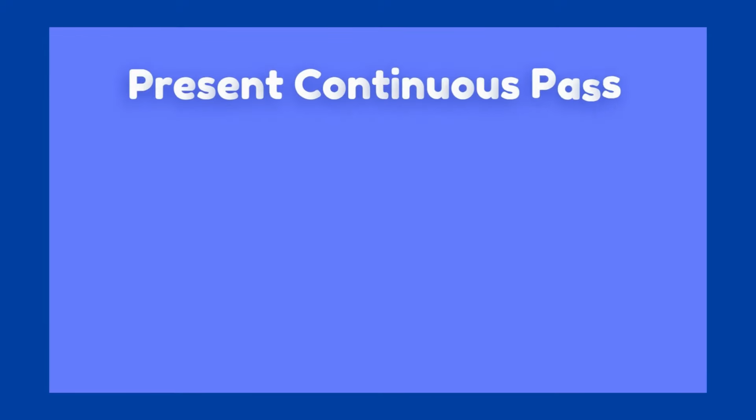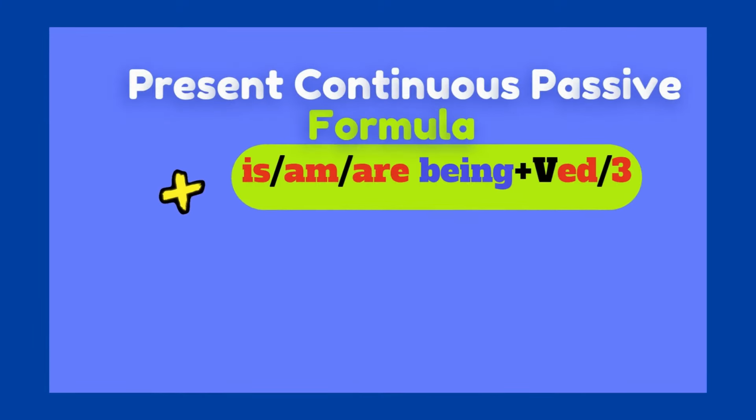Present continuous passive. In affirmative sentences we use is, am, are, then being, plus the verb with the ending ed or the third form of irregular verbs.